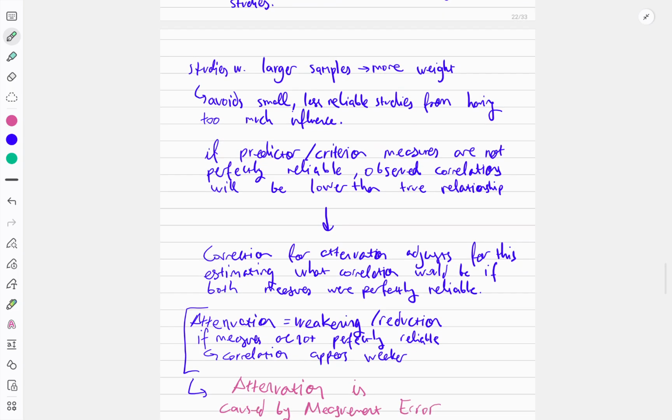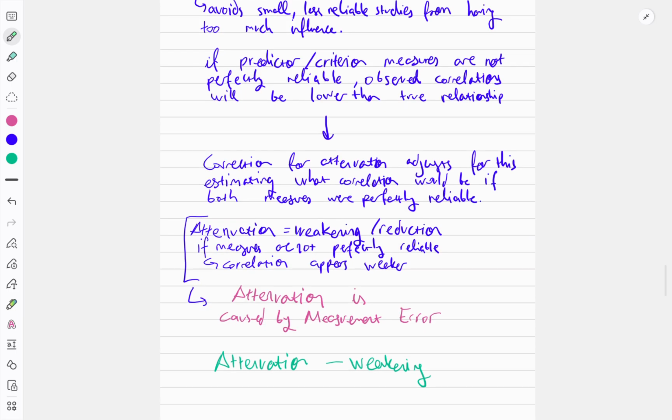And if predictor or criterion measures are not perfectly reliable, then our observed correlations will be lower than the true relationship. So correction for attenuation adjusts for this, estimating what the correlation would be if both measures were perfectly reliable. Attenuation is the weakening or reduction.